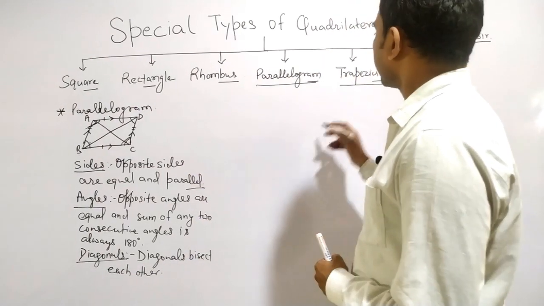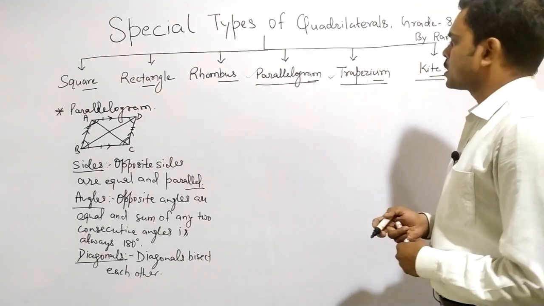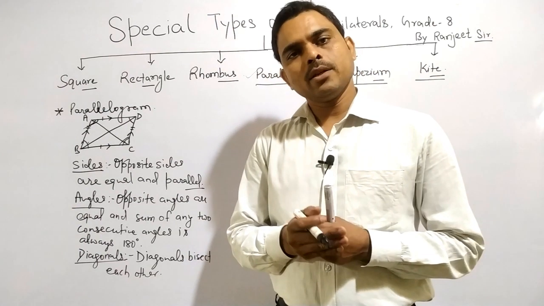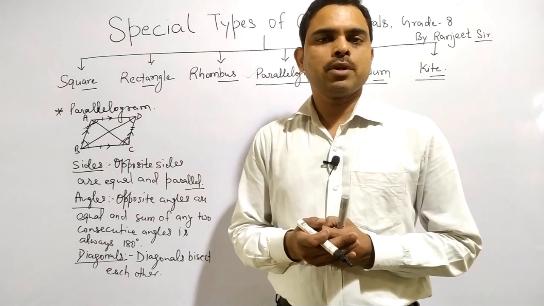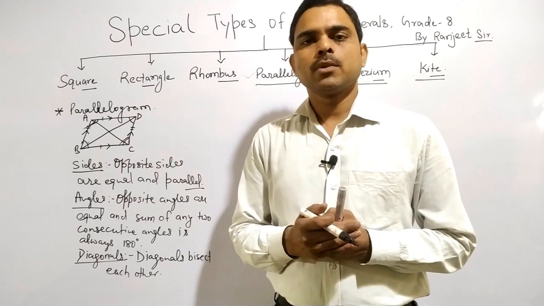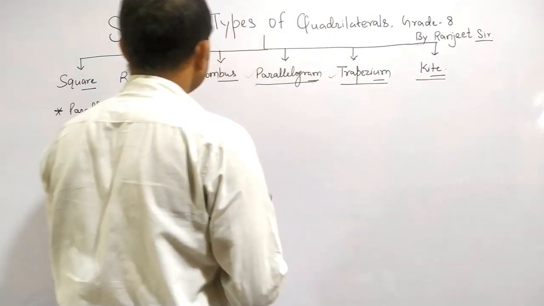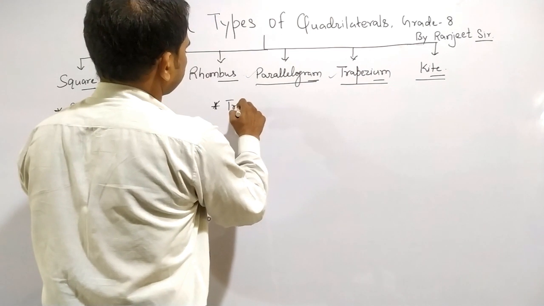The next one we have to know about is trapezium. Once again, first of all we will see a diagram, with which we will try to understand which kind of shape is called a trapezium. So first I make that trapezium.